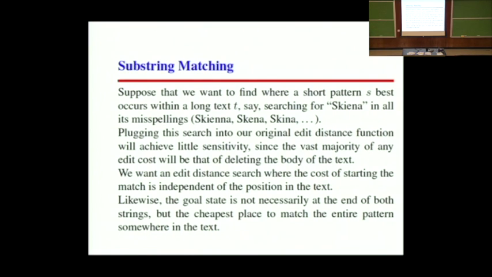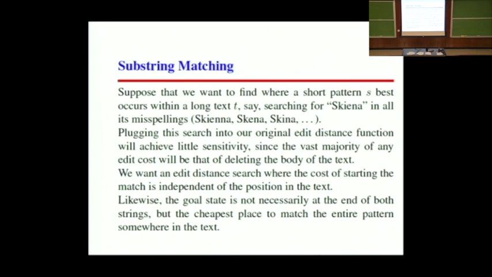It would be the cost of editing Skiena to the closest thing that you could find, plus the other almost 3 million. So what you're telling me is probably what's going to happen is that somewhere in the course of a Bible, somebody used the character S. And a page later, they used a K, and then an I, and then an E, and an N, and an A. Does everybody see that?